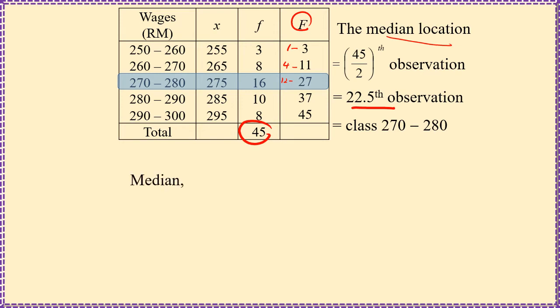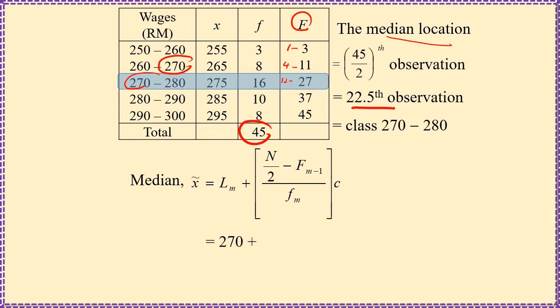By using the formula, we need to find the lower boundary of the median class. Because the limit values are the same, we don't have to find the intermediate point, so directly we use 270. Then n over 2, we know already it's 22.5, subtract the cumulative frequency of the class before the median class, which is 11.